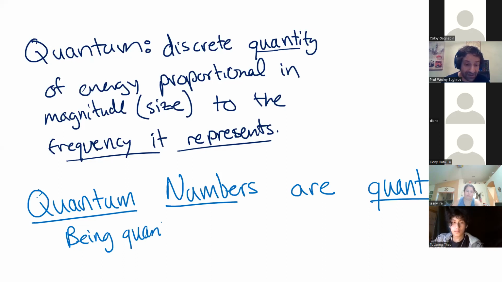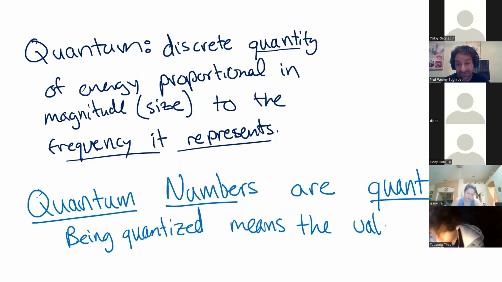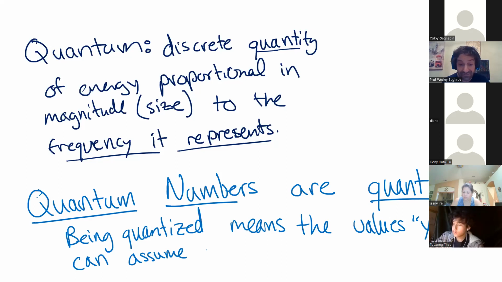Being quantized means the values, we'll say this, you can assume or possess, whatever you want to say. We're talking about a photon or electron. The values you can assume or possess are not continuous.